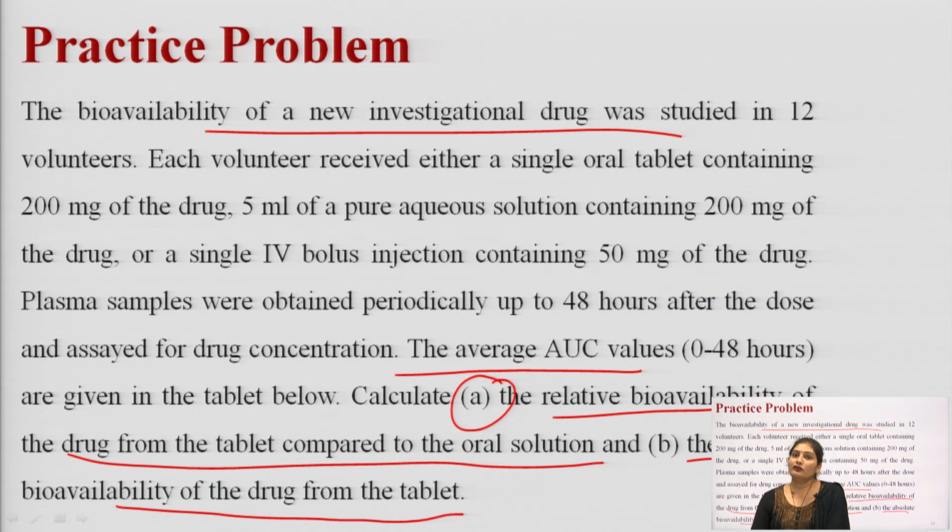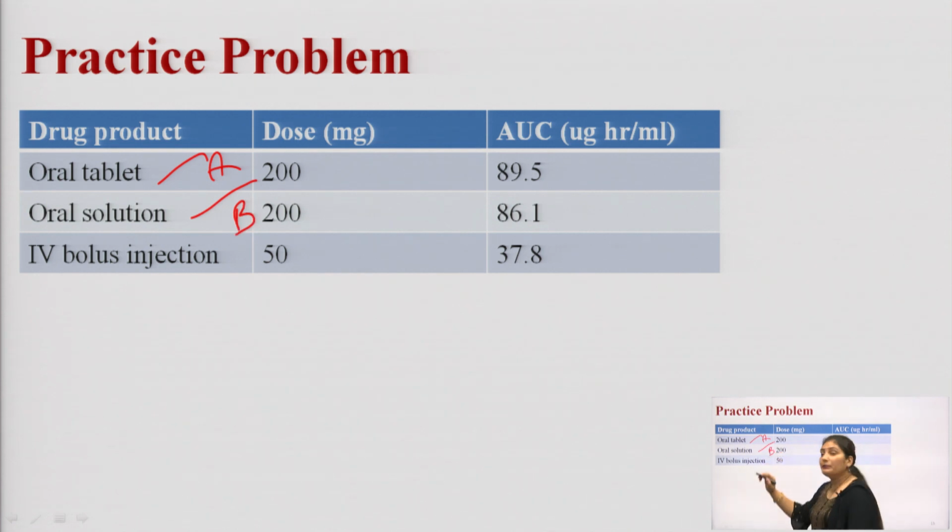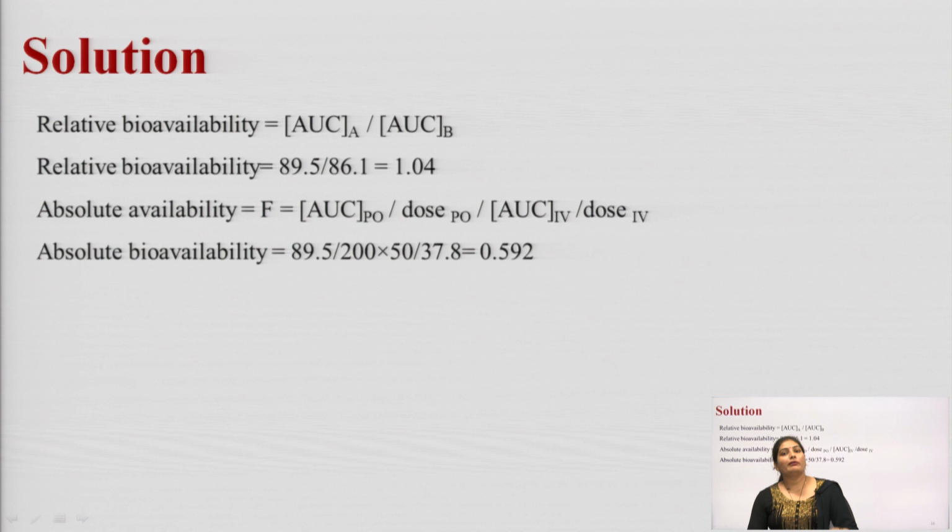Means the formula is the AUC of A dosage form divided by AUC of B dosage form. So, this is A and this is B. How will we calculate the relative bioavailability?